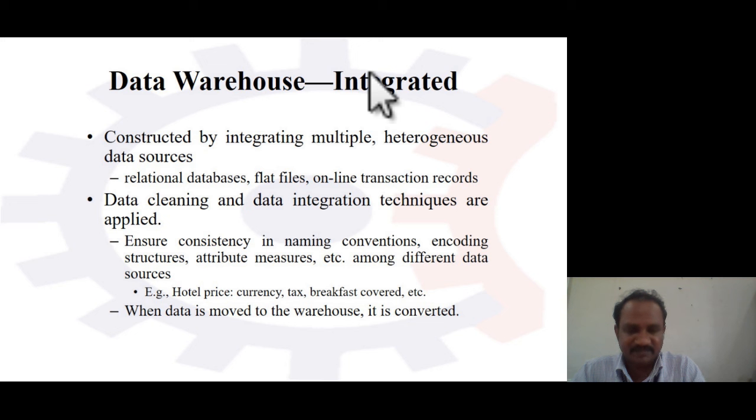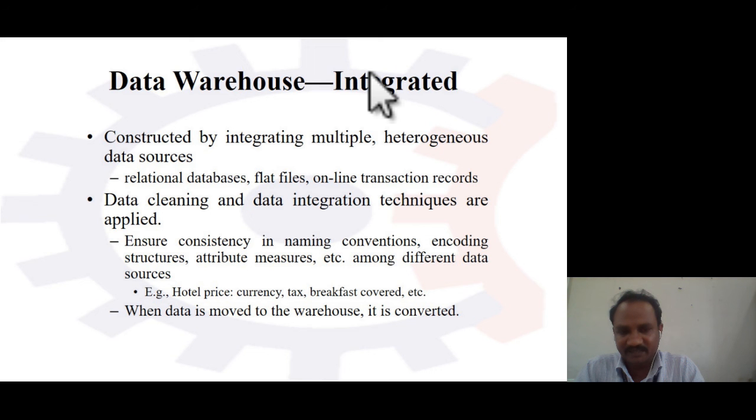These are different files, but they are of no use when we want to collect them in the data warehouse as they are. So when we want to collect the data in the data warehouse, it needs to be integrated, meaning we need to transform it into a common platform.